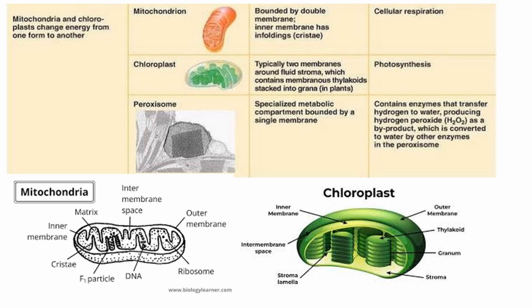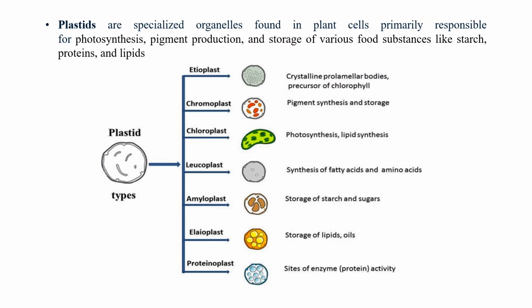Peroxisome is a specialized metabolic compartment bound by a single membrane. It contains an enzyme that transfers hydrogen to water, producing hydrogen peroxide as a byproduct, which is converted to water by other enzymes in peroxisomes.